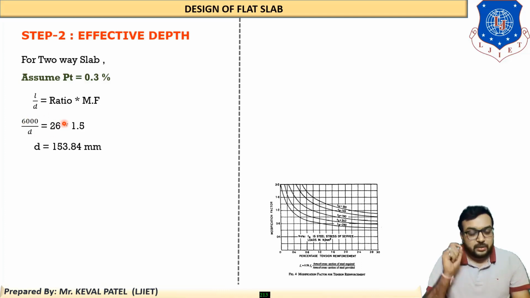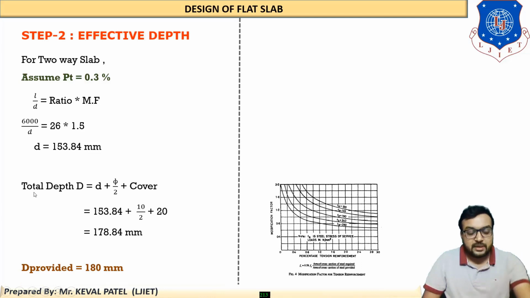So students, whenever you design a flat slab, you have to provide Ly in the equation of effective depth. After putting all these values, we will get our answer 153.84 mm. After finding small d, we have to find capital D. What is the equation of capital D?